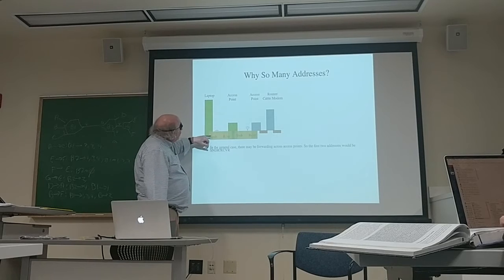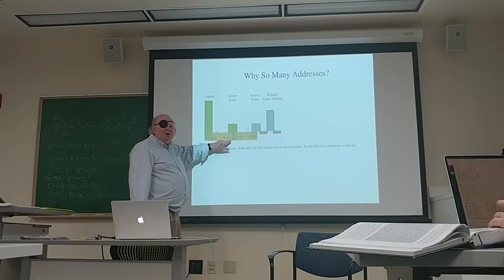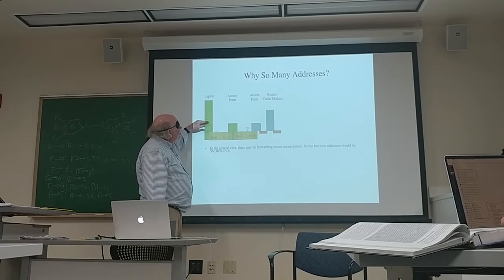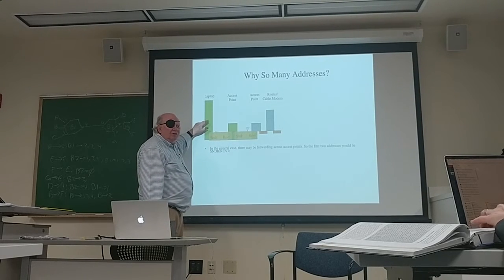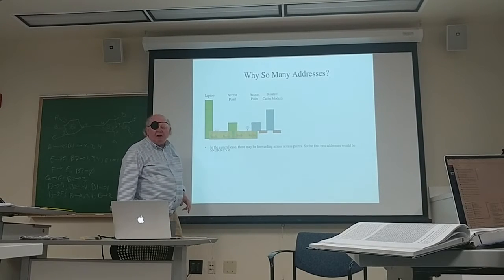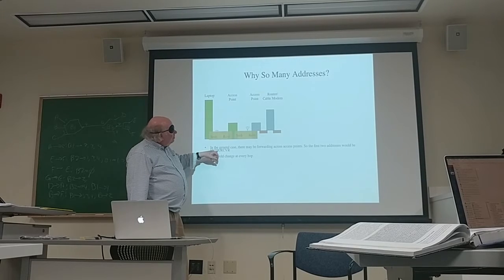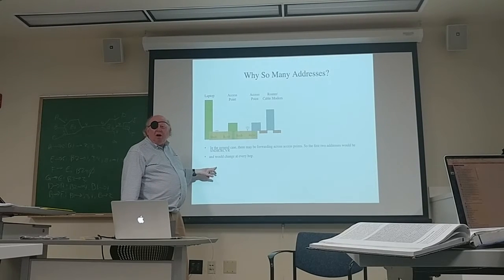So we're going to have an address that designates this sender and this receiver, and we're also going to have an address that says the ultimate source is here, but the destination is there. In general, there may be forwarding across access points, so the first 2 addresses, the sender and receiver, would change at every hop.